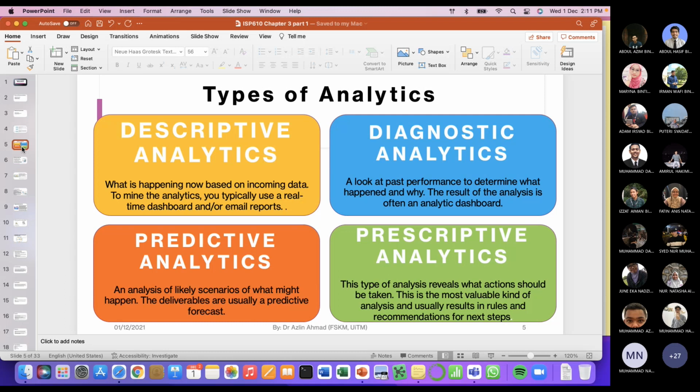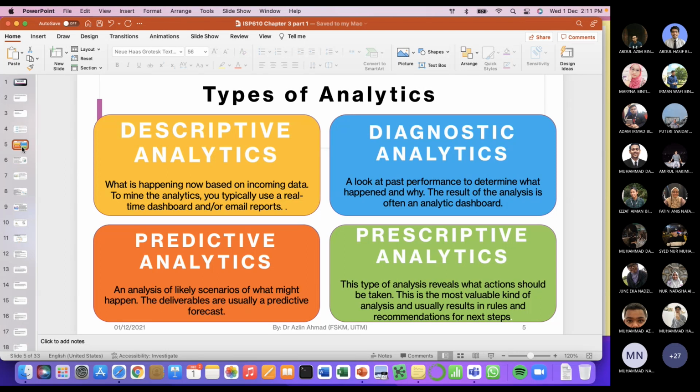Tak kisahlah whether it is a good situation or a bad situation, there must be some action. Kalau bad, kena ada preventive punya action lah. Kalau it is a good sign, so it will generate more income or more profits in the future, so how to maintain it or how to boost the profit. Those are the things under prescriptive analytics.